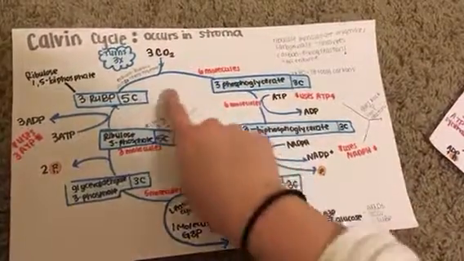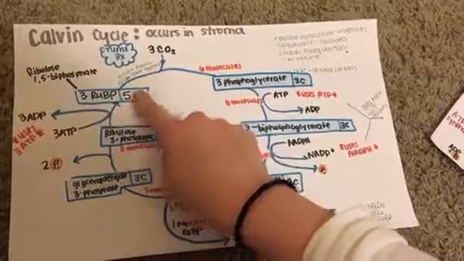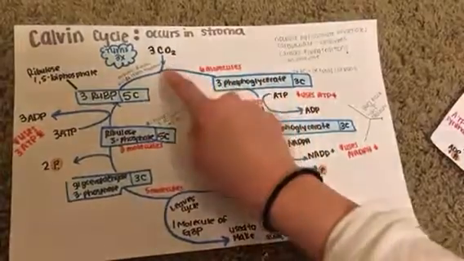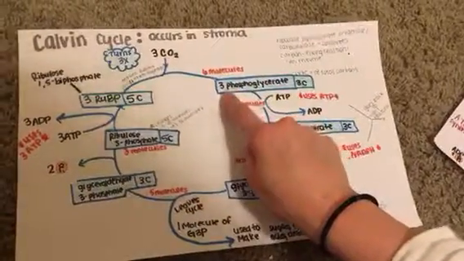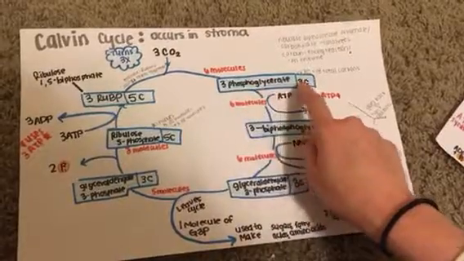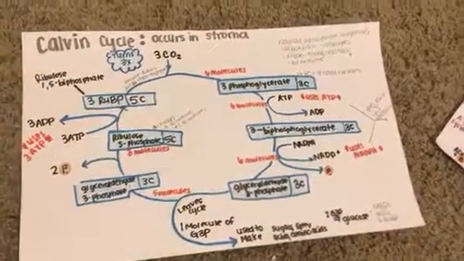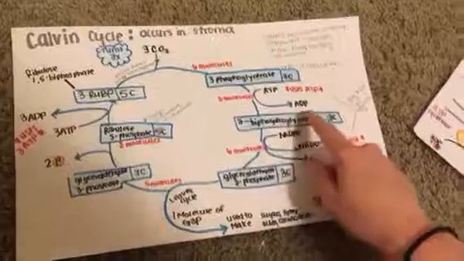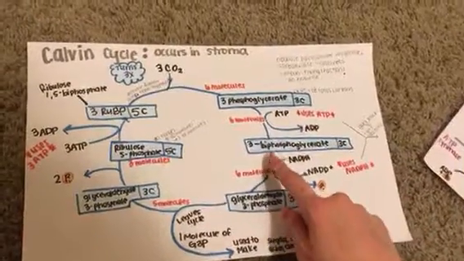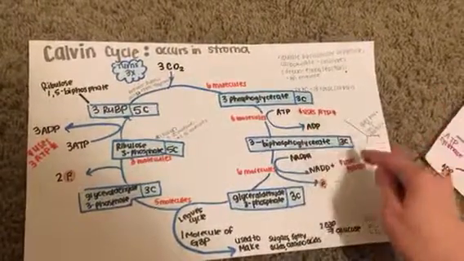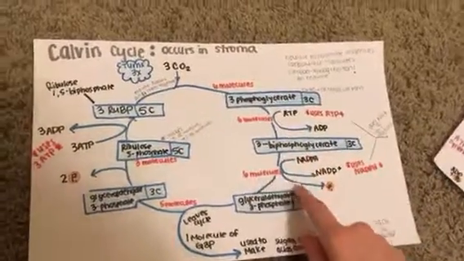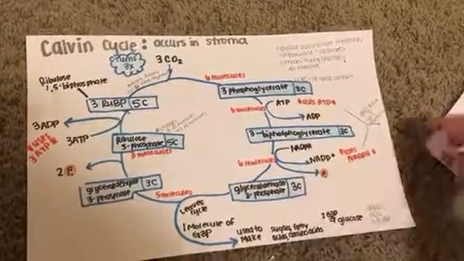So this 5 carbon and the 3 carbon dioxides, 6 molecules, creates a 3-phosphoglycerate 3 carbon molecule. And it uses ATP, also 1,3-bisphosphoglycerate, a 3 carbon molecule, and uses NADPH.